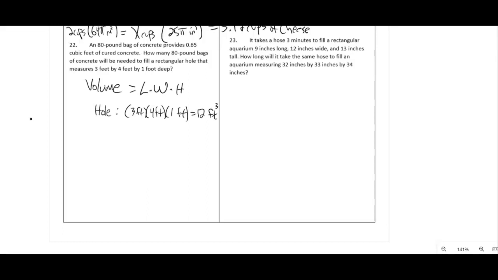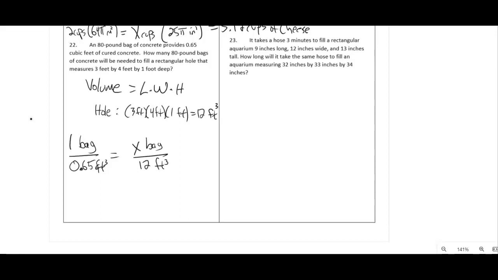Now we have one bag covers 0.65 cubic feet. How many bags will cover 12? I shouldn't say cover, should I? Because that's an area word. Let's say that again. One bag will fill 0.65 cubic feet.